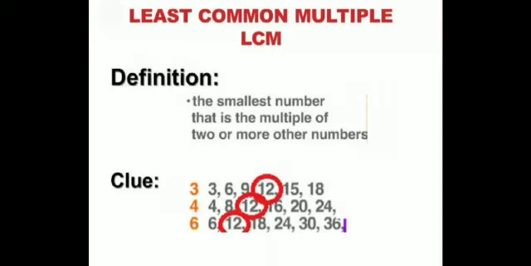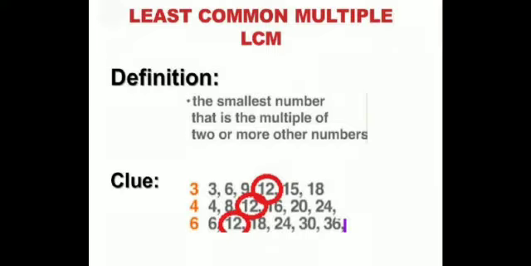So here we can see 12 is the first common multiple for these three numbers. So 12 is the smallest common multiple of 3, 4 and 6. That means LCM of 3, 4 and 6 is 12.